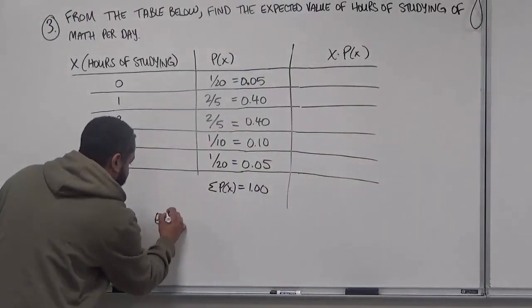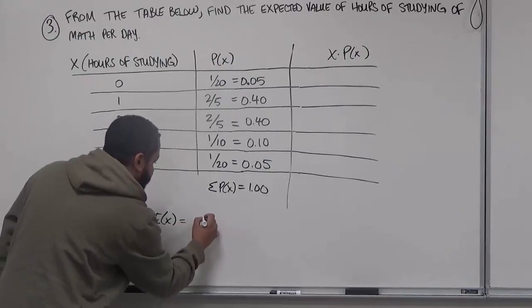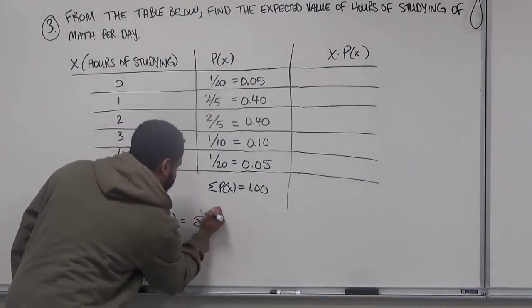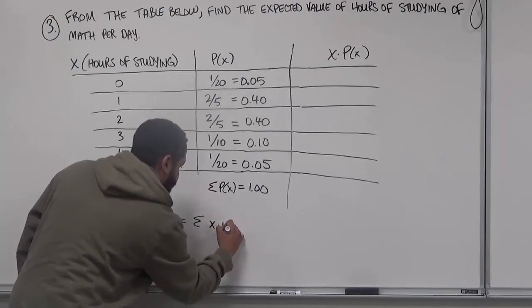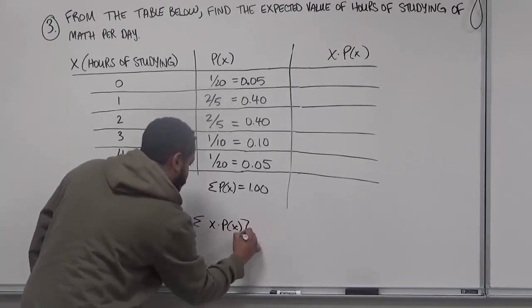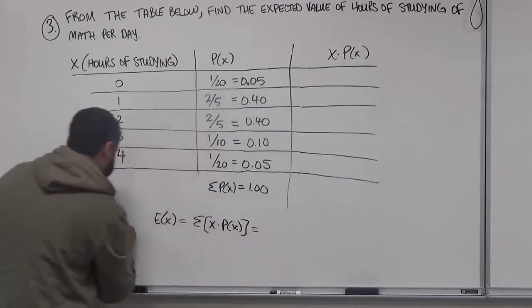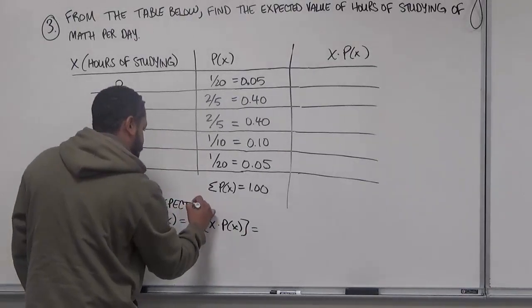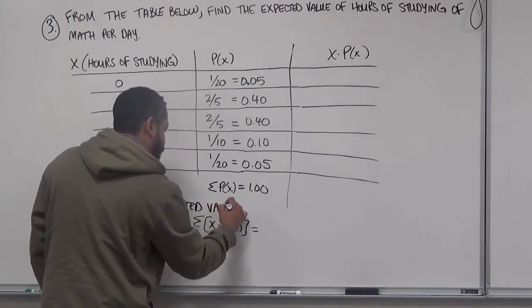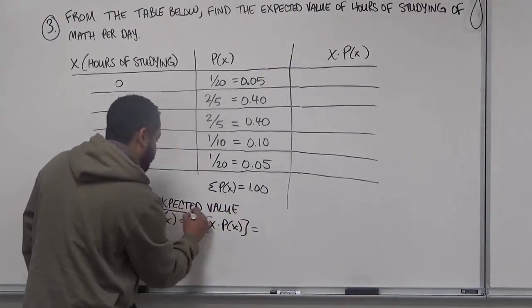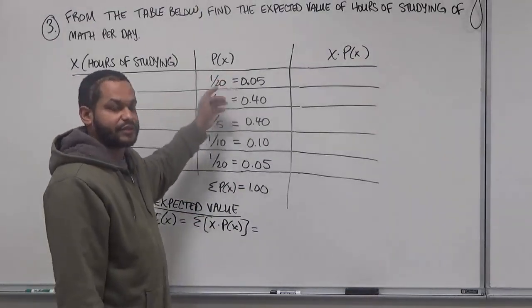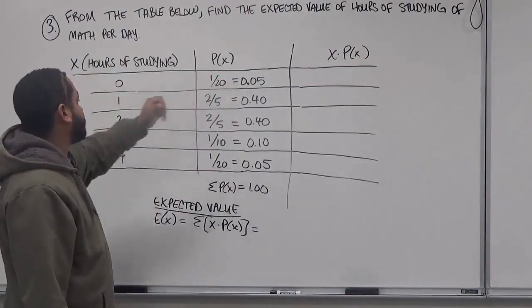So our E of X, the sum of X times P of X, is our expected value. The formula is just the sum of every value of X times every value of P of X, and this column makes it pretty simple for us to add it up.